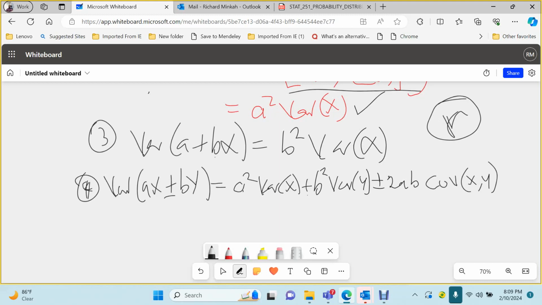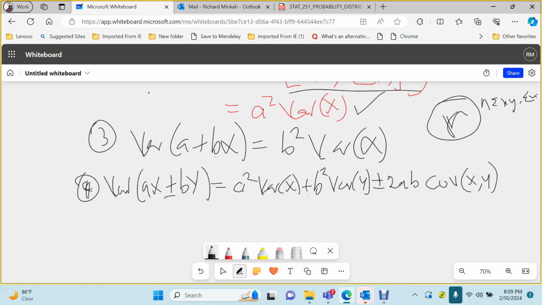You divide the covariance, what you were finding as nΣxy minus Σx Σy. That's the covariance, of course you divide by n minus 1.